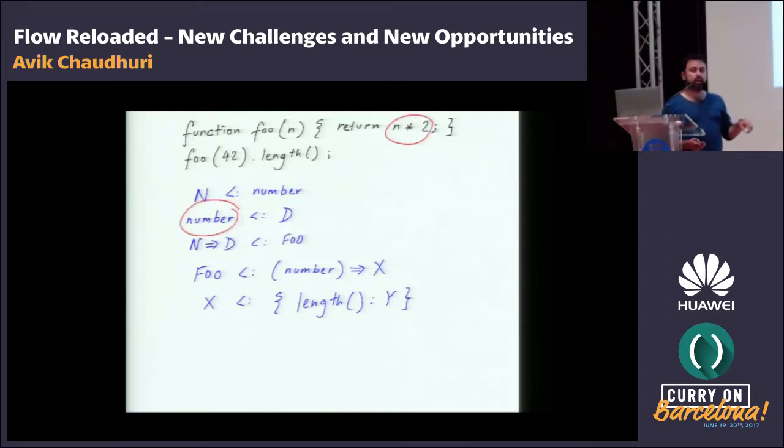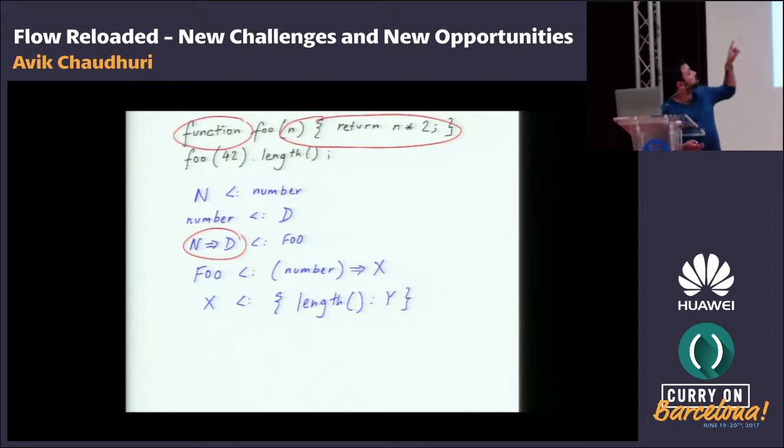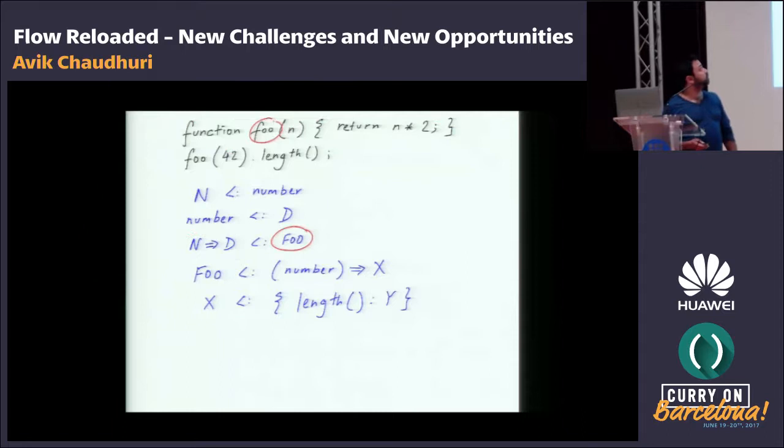The result of that multiplication is going to be a number, and that flows to, let's say, this thing called d, which stands for double, which is the return value of the function. This whole thing that describes the function itself can be described with a function type that goes from n to d, and that flows to the type of foo.